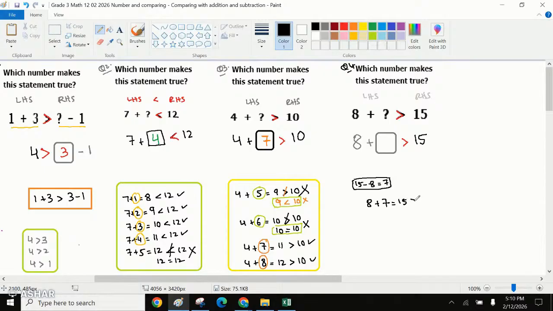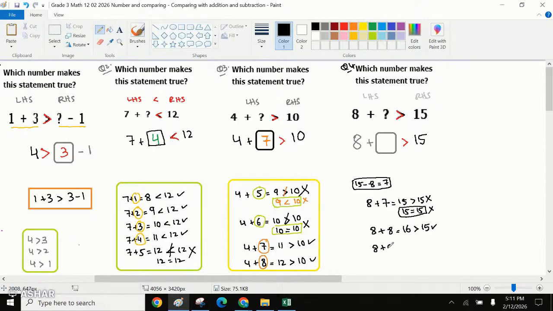Is it greater than 15? No, it's not. 15 is equals to 15, right? So we cannot take this. But if I take a greater number, if I select 8, 8 plus 8 is 16. Is 16 greater than 15? It's true.